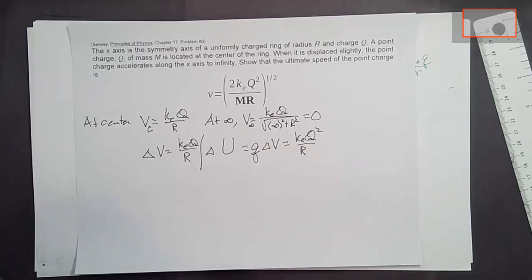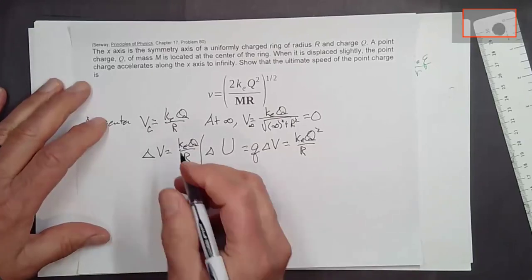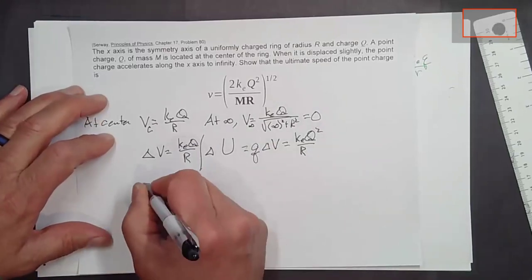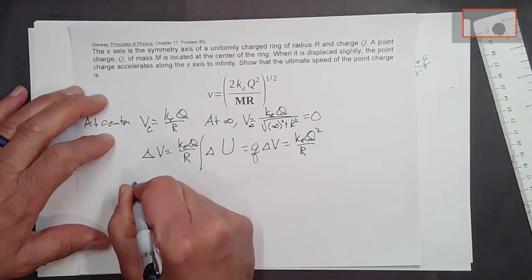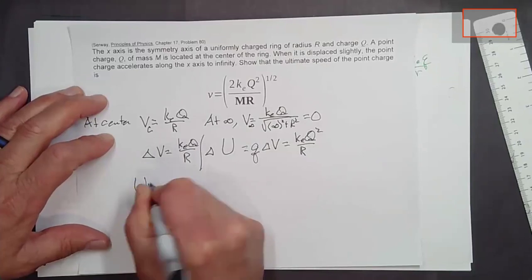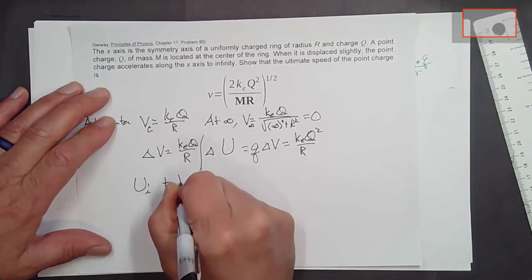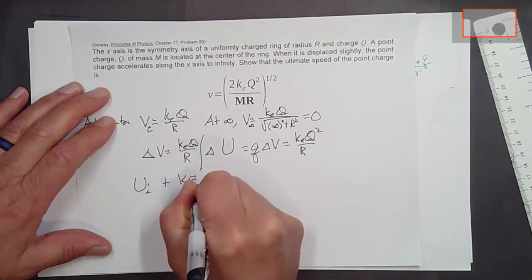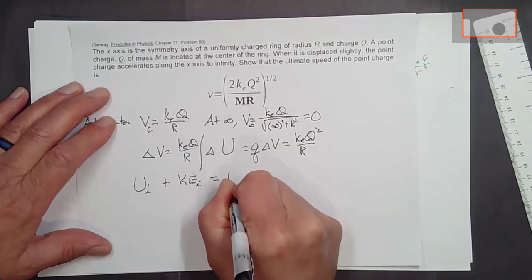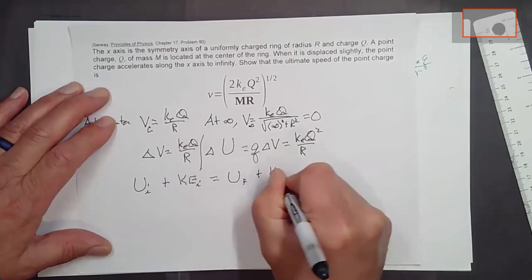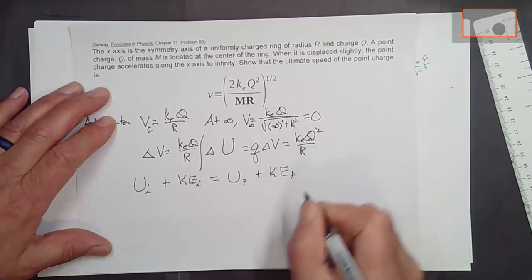Now, how could we write that nicely? We could treat it as a conservation of energy problem. We can say that U initial plus KE initial is going to equal U final plus KE final.